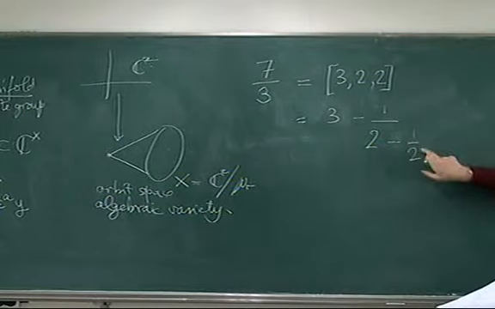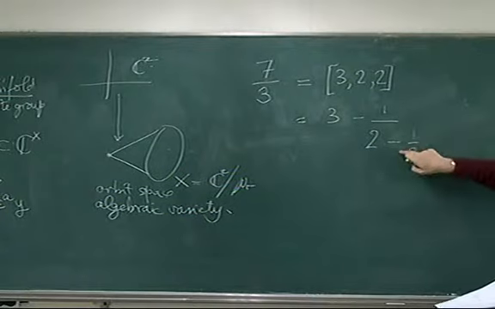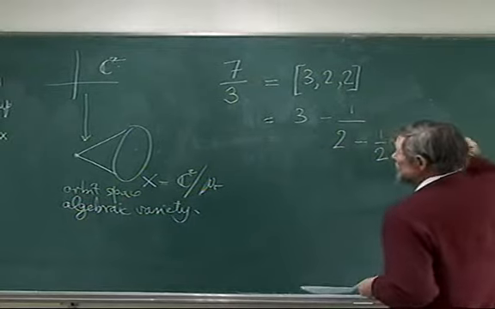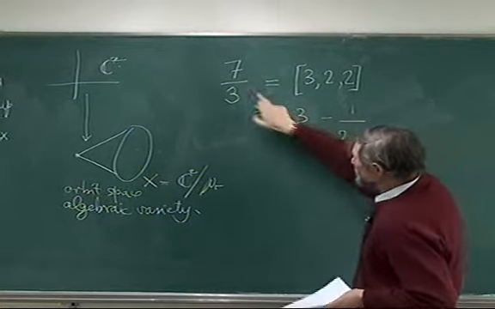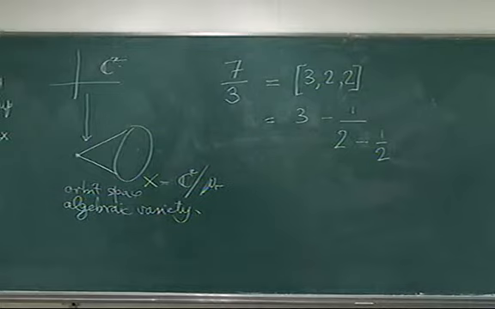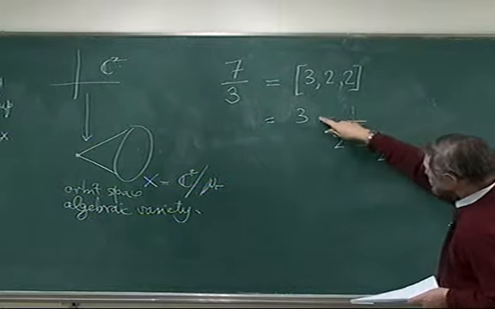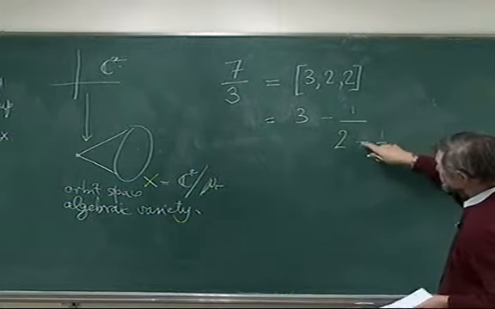2 minus 1/2 is 3/2. 1 over 3/2 is 2/3. So 3 minus 2/3 is 9/3 minus 2/3, so that's 7/3. And I'll explain later there's a reason for choosing minus signs here rather than plus signs.